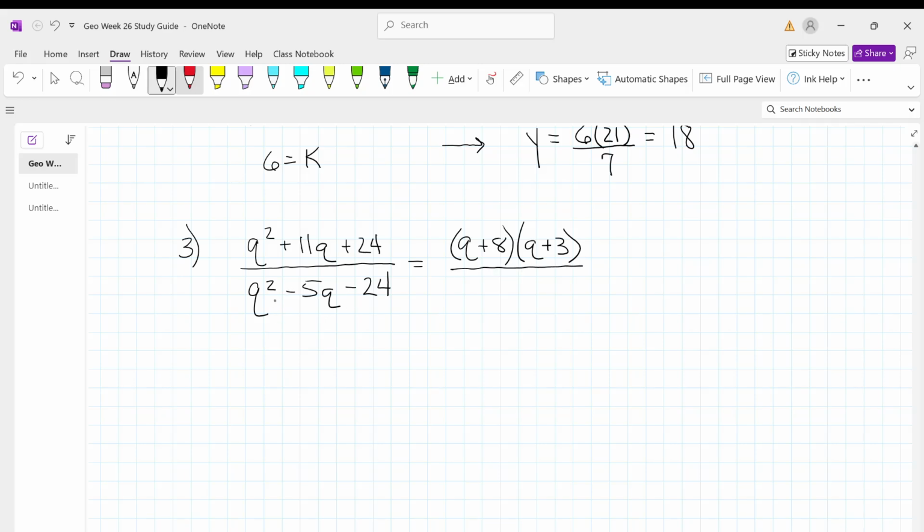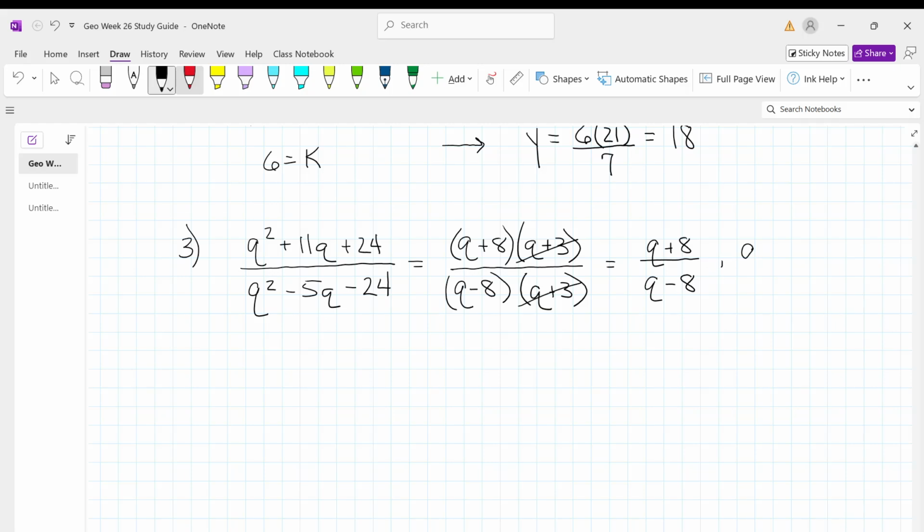Rewrite the denominator as q minus 8 times q plus 3. The q plus 3's cancel. We're left with q plus 8 over q minus 8.